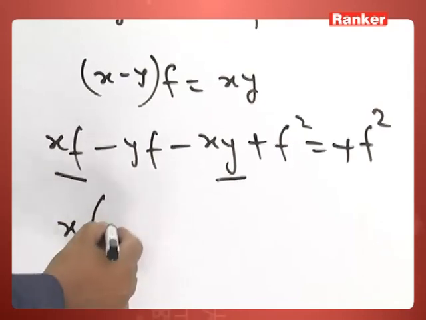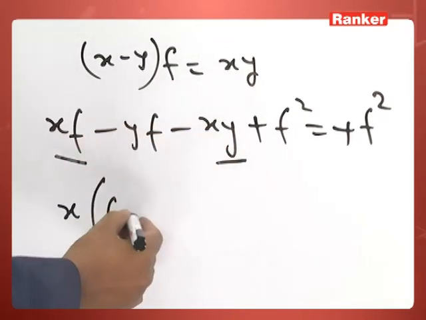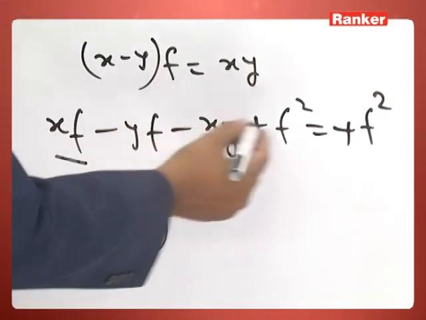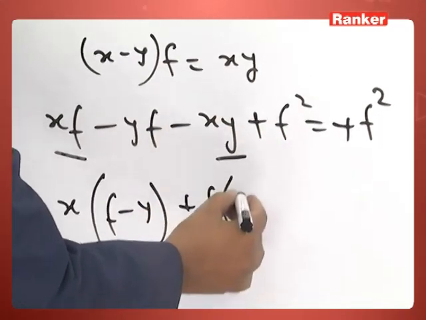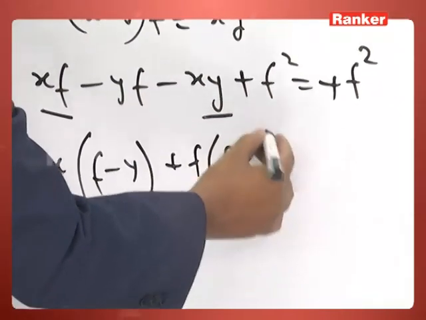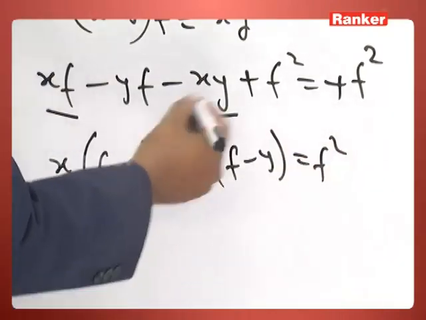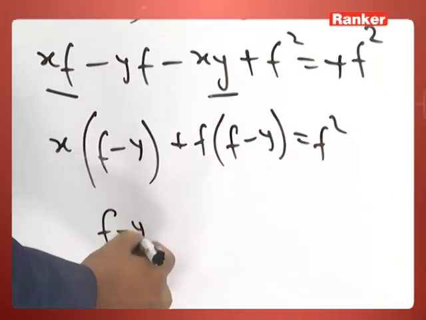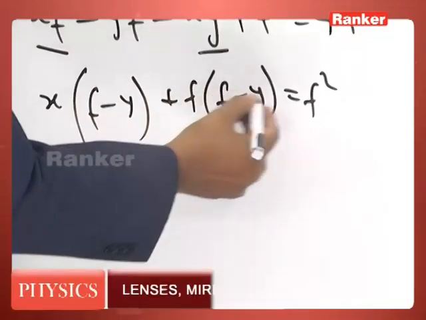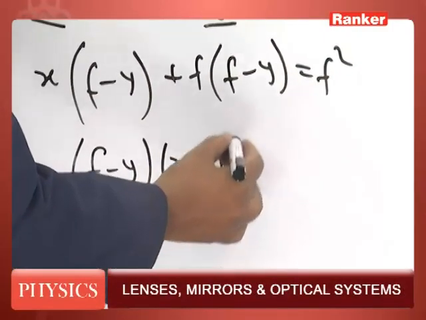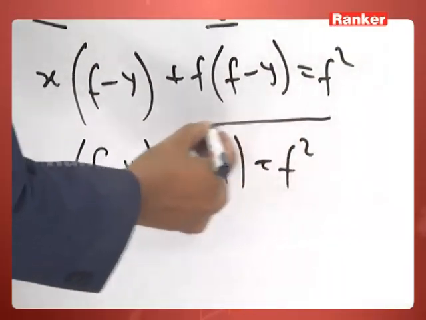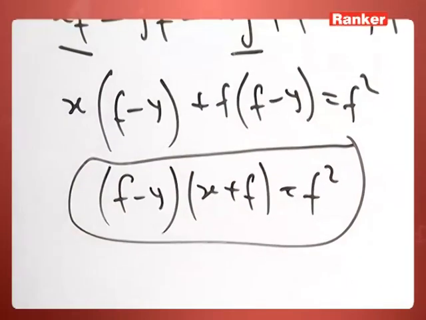If I take x common, I get f minus y, and from this if I take f common, I get f minus y is equal to f square. So you see f minus y is common, (x plus f) into (f minus y) is equal to f square. This is the equation we got.